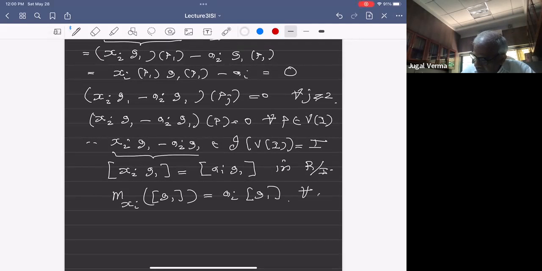This is true for all i. So the coordinates of every common solution are eigenvalues of M_x1, M_x2, ..., M_xn. Now let us prove the converse.